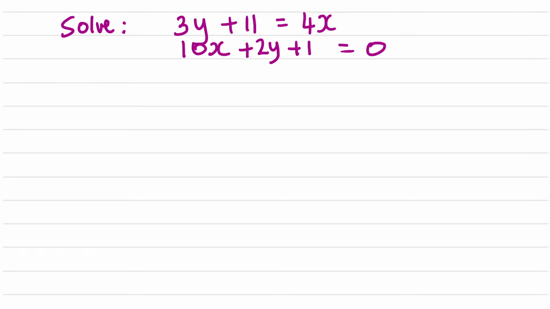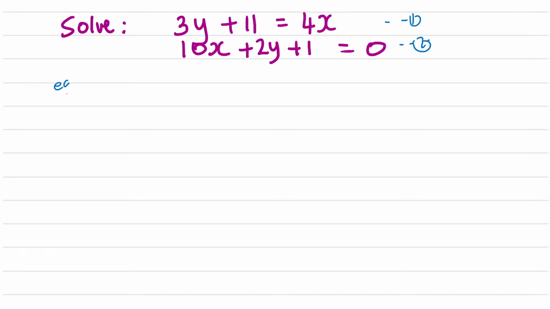Right, I'm just going to continue with this question. So we now have two equations here, but we can see they're not arranged in a way that we want to use. So I'm going to call this 1 and this one 2. We're going to rearrange 1 first of all.